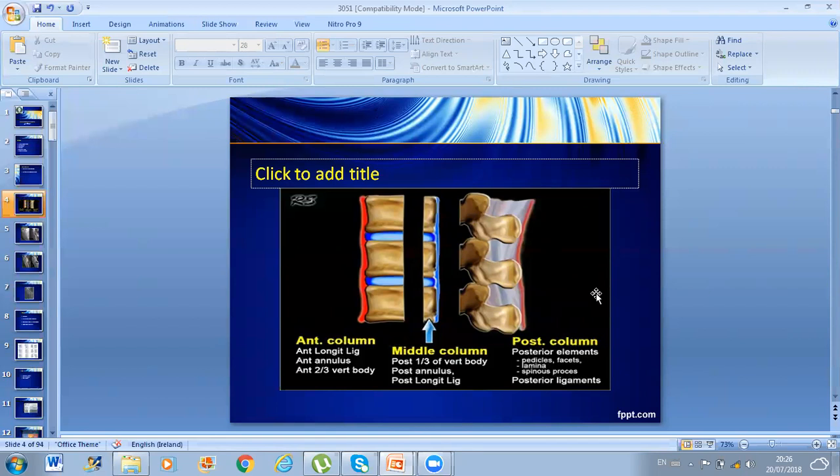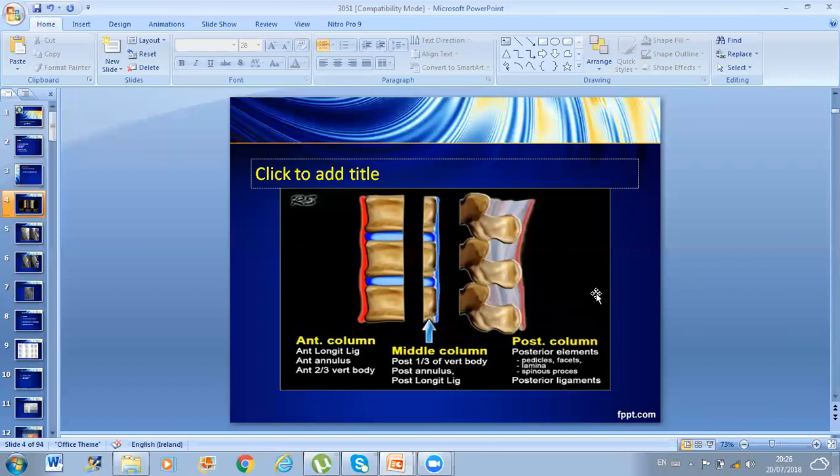If only one column is involved, the spine is stable. When two columns are involved, anterior and middle, you have to look further with an MRI to find a posterior ligament injury. If all three are involved, the spine is unstable. For example, if an X-ray shows anterior, middle, and posterior column involvement, you will say the spine is unstable.